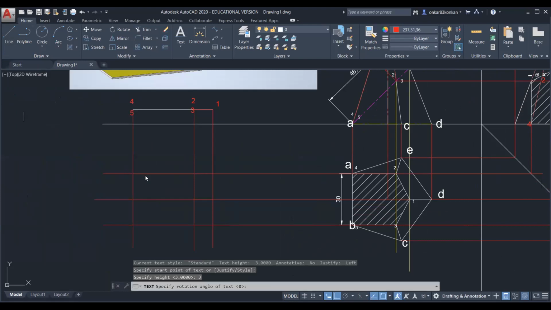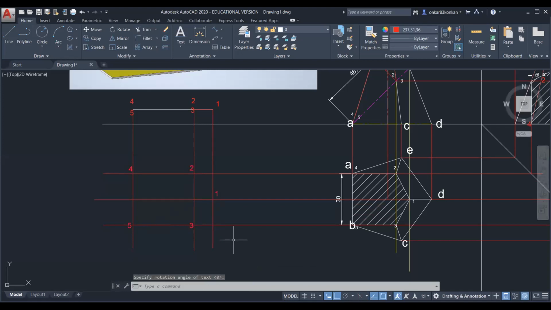So this is the point 4. This is point 5. Then this is 2. This is point 3. And this is point 1. Now connect these points by straight lines. So this will be your true shape.